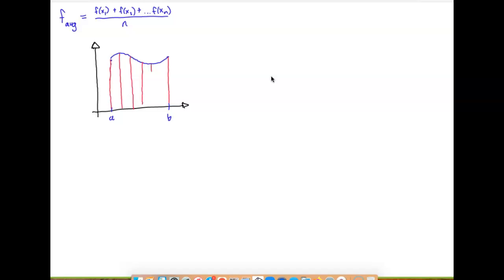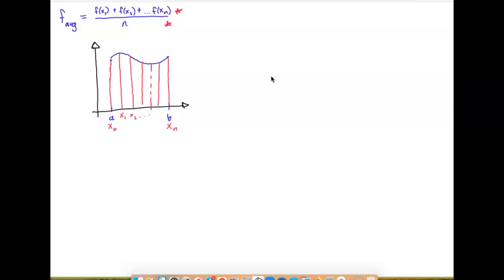So when I label these, this is x0 and b is xn, and in between I would have x1, x2, and so on and so forth. Something that we've been doing, we're familiar with this. If I'm looking at a finite number of subintervals, I can still find the average y value just by adding up all the y values and dividing by how many subintervals I have. But eventually I'm going to want to do infinitely many subintervals.